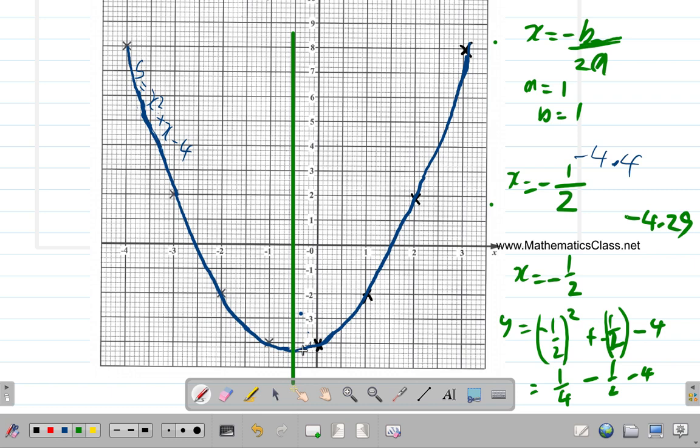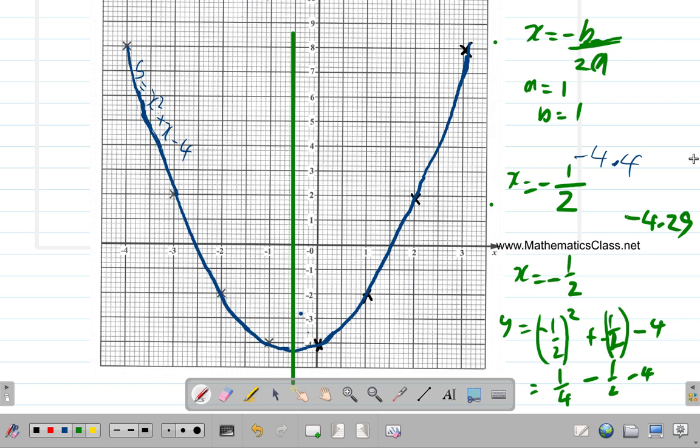Alright. So if you draw the graph closely and accurately, you'll get closer to negative 4.25. Negative half and negative 4.25 is really where the axis of symmetry happens, the minimum point there.